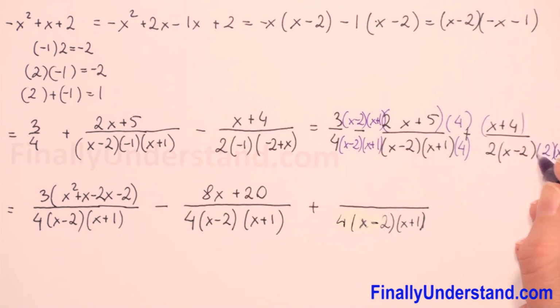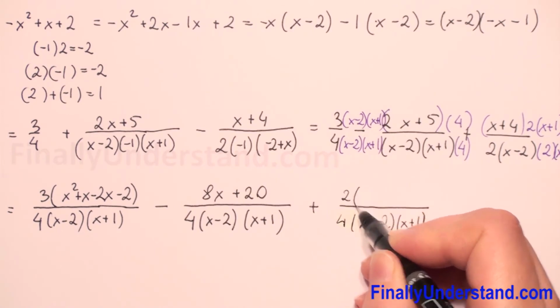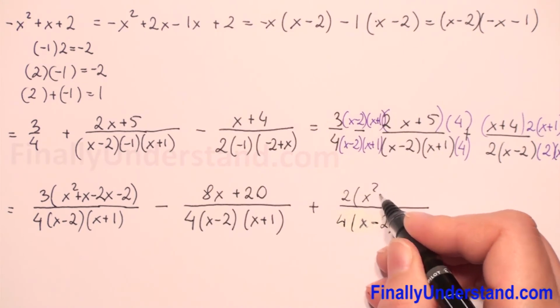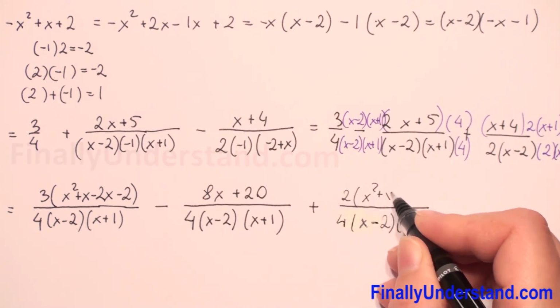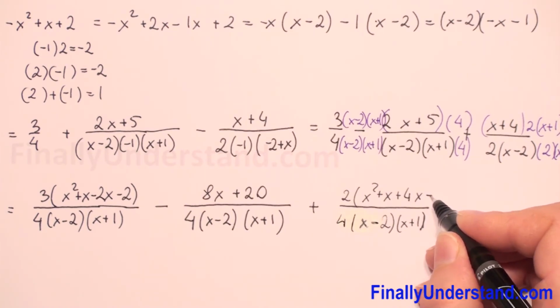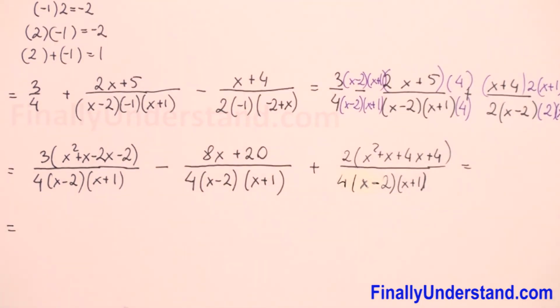Wherever I add in the denominator, I have to do the same in the numerator, so it will be times 2 and times x plus 1. Now we will have, I will put 2 first, and x plus 4 times x plus 1 will be x squared plus x plus 4x plus 4. So now we have the same denominator, we can copy the numerator.